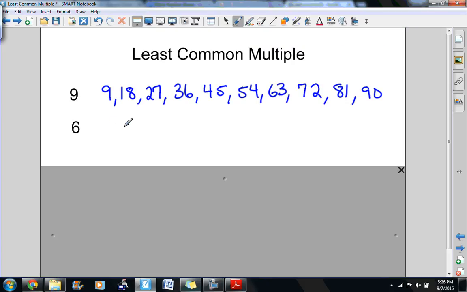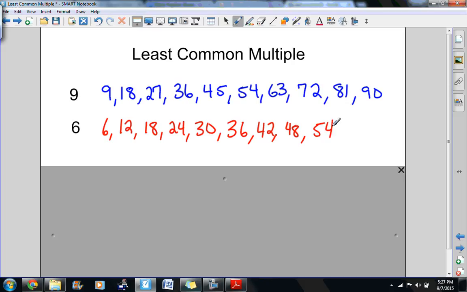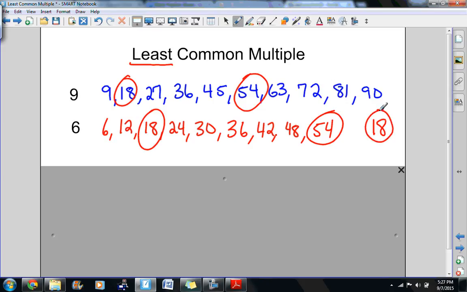So if I'm going through this, I just have to focus on certain numbers instead of all of them. So 6, 12, 18, 24, 30. I don't have to write this out as many numbers. Once I find the first, then I have already found the common multiple. So I notice here I actually found 2. I found 54 and I found 18. But remember, it's the least common multiple. It's the smallest common multiple of these two numbers. So the answer for this first one is 18.